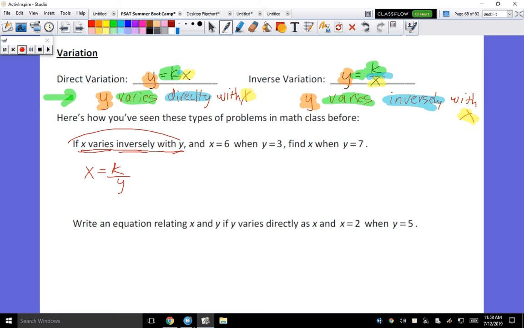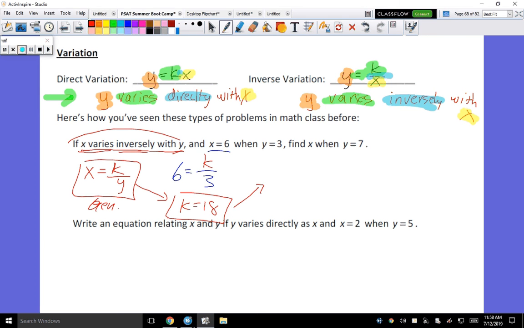So I have to read this to create this general equation. Now I can conditionalize my inputs. So if x is 6 and y is 3, our first step is to find k. Can y'all tell me what k equals? 18.